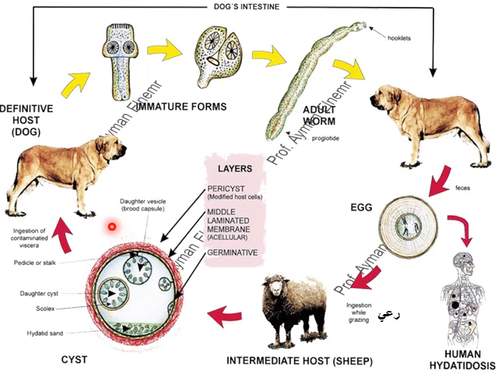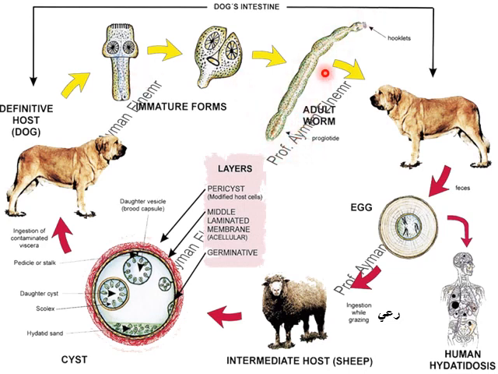This is the life cycle of Echinococcus granulosus. The definitive host is the dog. The dog becomes infested by this parasite when eating the contaminated viscera of the sheep containing the mature cyst. In the intestine of the dog, the cyst gets digested, releasing the scoleces. The scoleces attach themselves to the mucosa of the small intestine of the dog and then grow to form the adult worms.